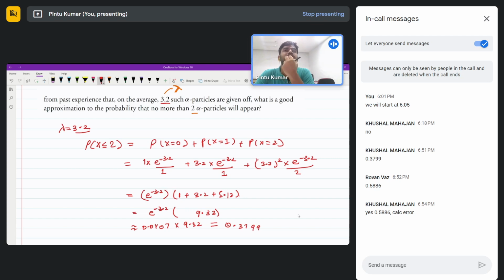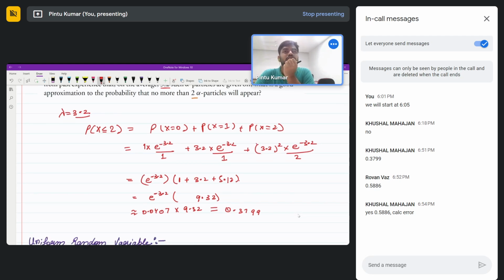I think your earlier answer was correct. Did I make some calculation mistake? Sir, I tried it 2 times on the calculator and I got different answers. I think I need to check it again. I got 0.3799. Yeah, so this is just a sort of calculation.